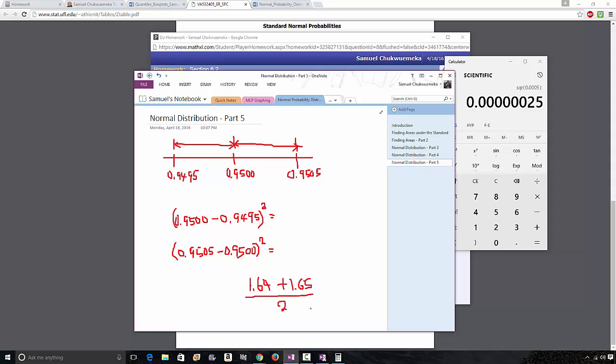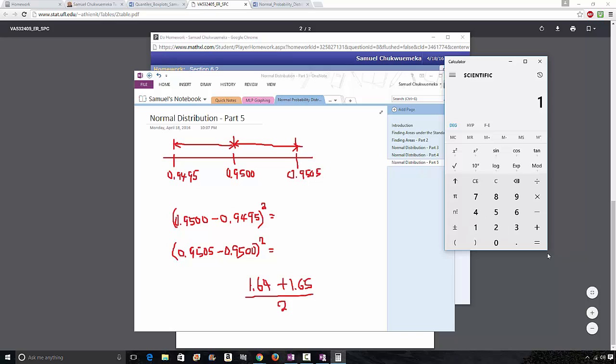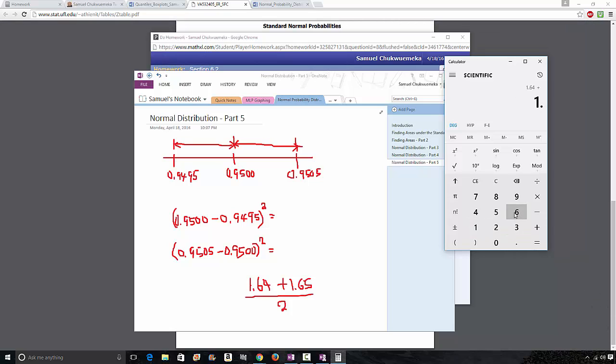Use interpolation. Interpolation is the safest way. So 1.64 plus 1.65 divided by 2 gives you 1.645. You round it to 2 decimal places, and it gives you 1.65. That is how you get your z-score.